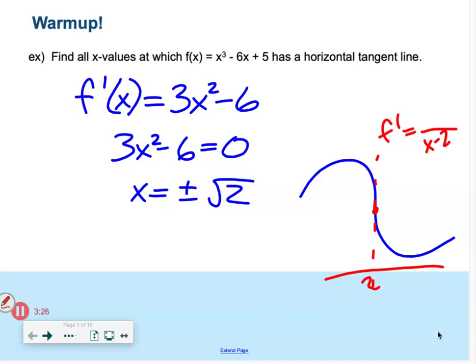So you just say undefined. And so if they ask you where does the tangent line go vertical, it's all the spots where the derivative is undefined, so whatever makes you divide by 0. There's actually another thing that division by 0 can cause, but we'll get into that later. Division by 0 might not cause a vertical tangent. It might cause what's called a sharp turn, but that's for another day.